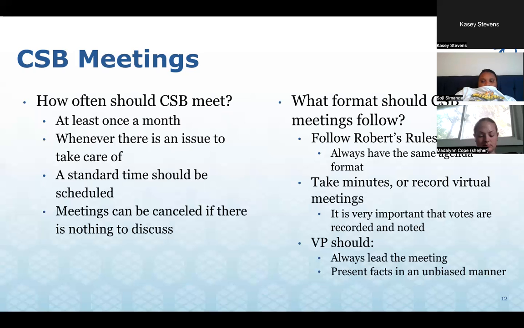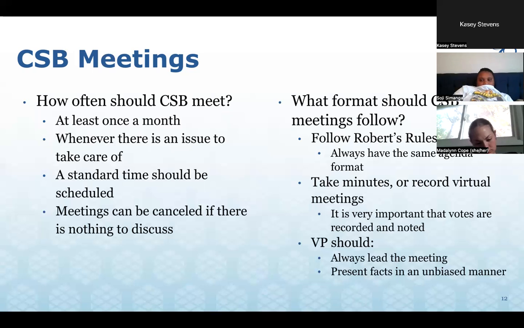So like I said, at least once a month. More often than not at the beginning of a semester, you're going to need to meet potentially more regularly, especially with membership status requests and all of that kind of stuff that happens at the beginning of a semester.